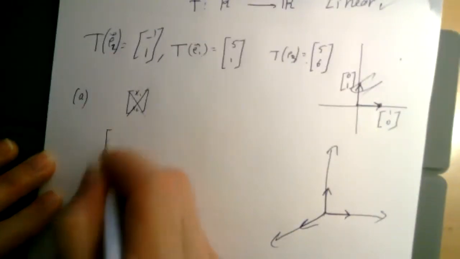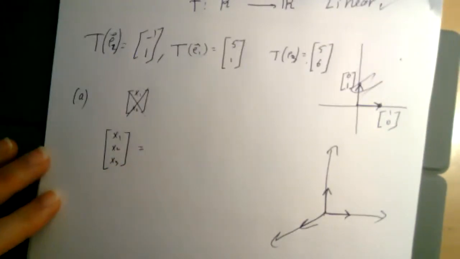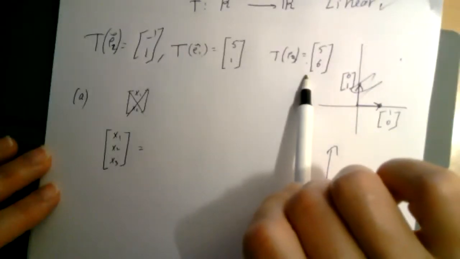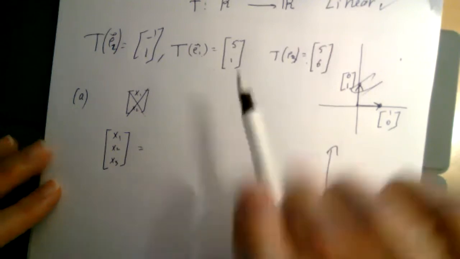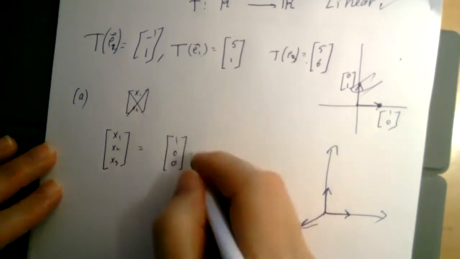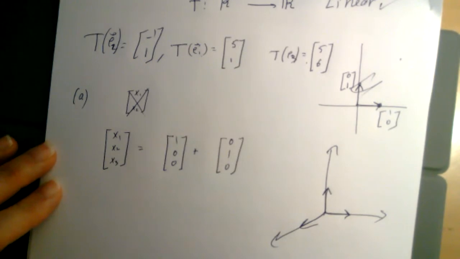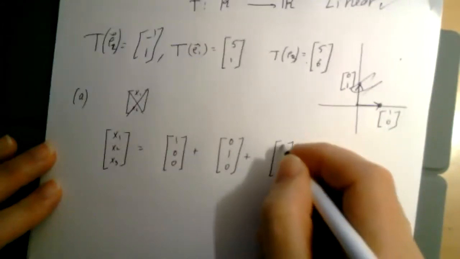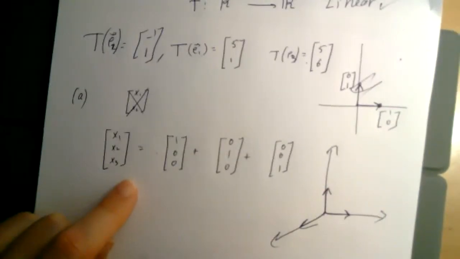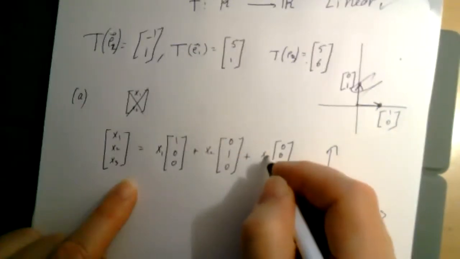So I take any vector, x1, x2, and x3. And my first question is, write it as a linear combination of E1, E2, and E3. It means I want to write it as something times E1, that's a linear combination, plus something times E2, plus something times E3. That's what it means in linear combination. So what are the natural weights? x1, x2, x3.